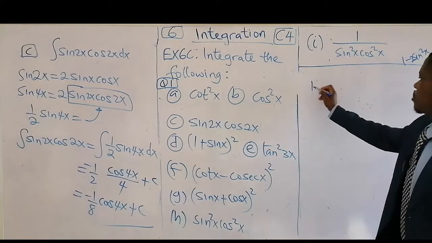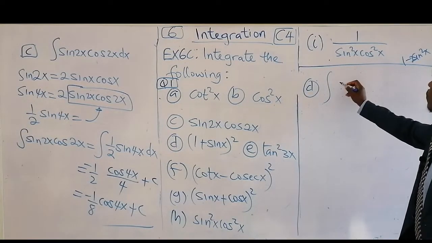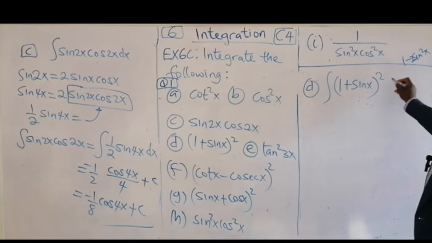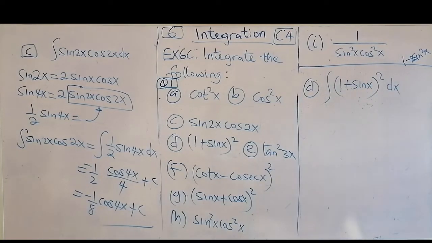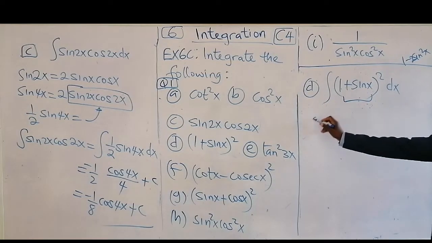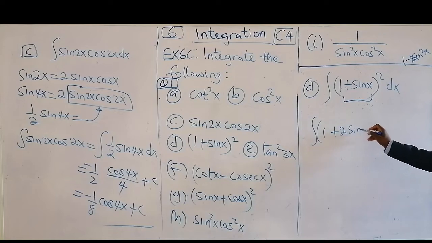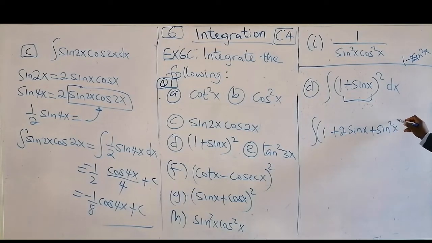For the d part, the integral of 1 plus sine x all squared. The first thing we do is the expansion of this, and that will be the integral of 1 plus 2 sine x plus sine squared x dx.